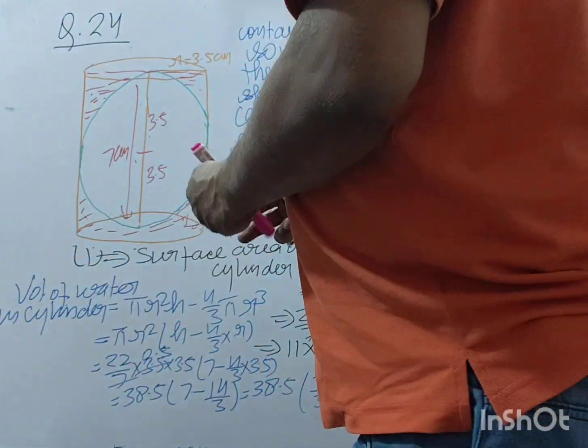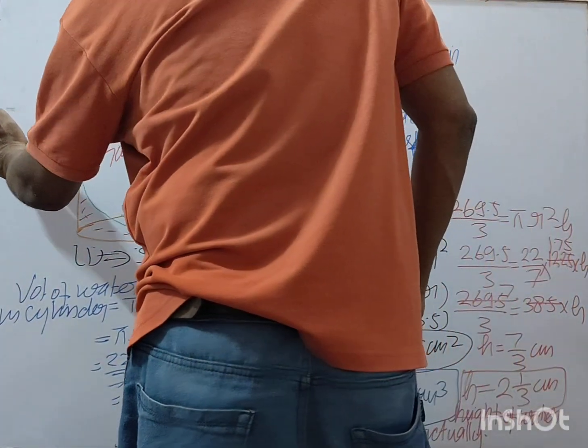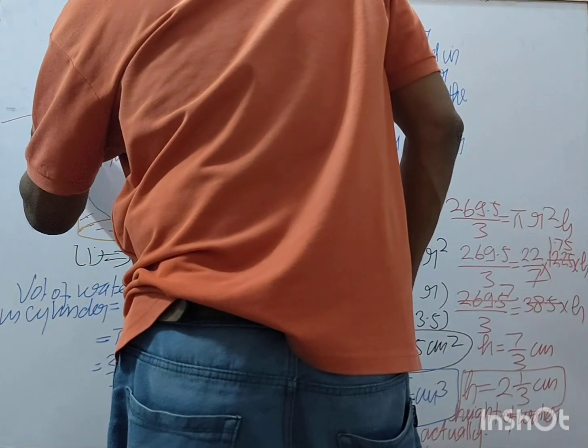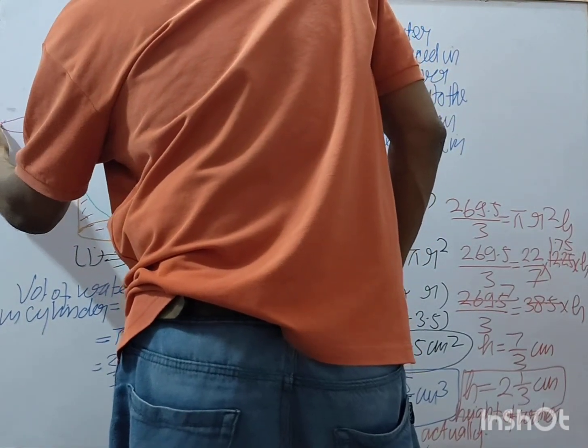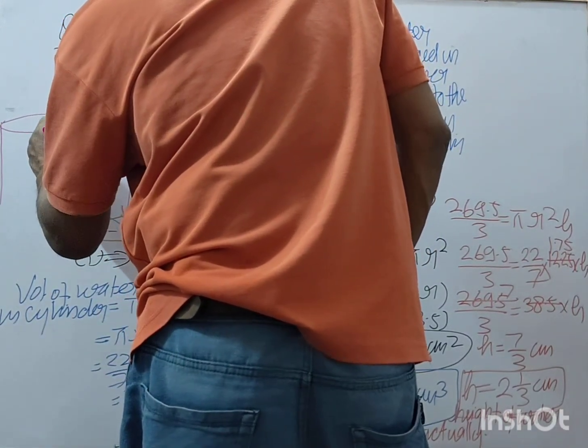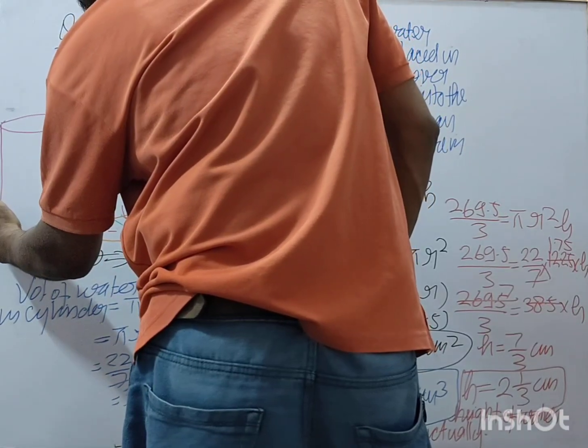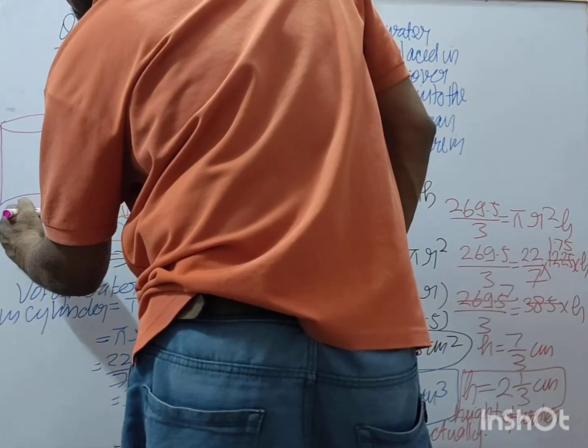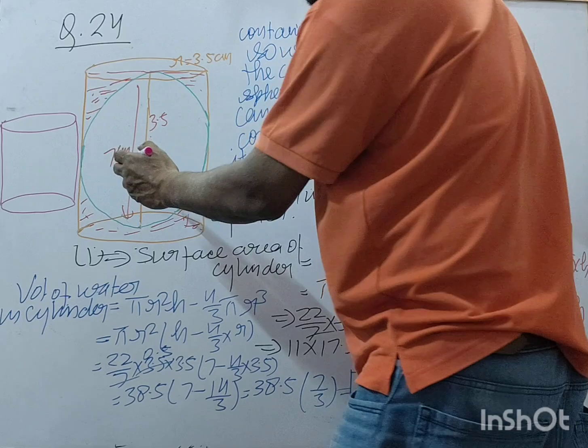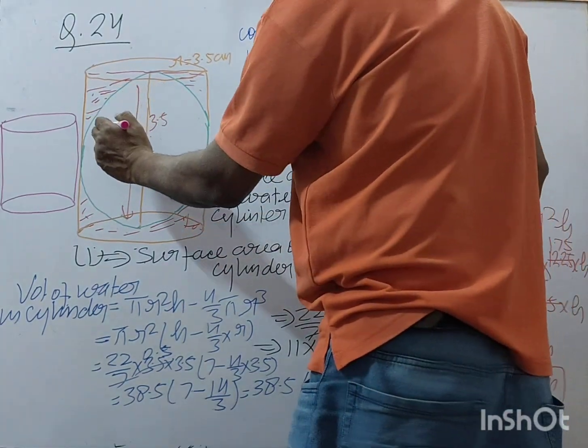Either you are not understanding me, or I am not able to tell you what happens. This is the cylinder, right? A smaller version of it. This sphere is there.